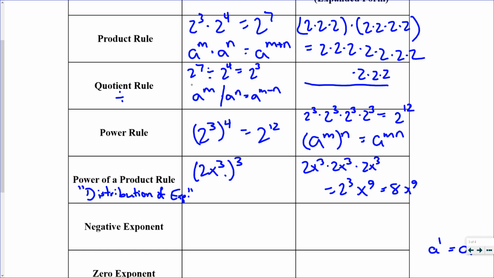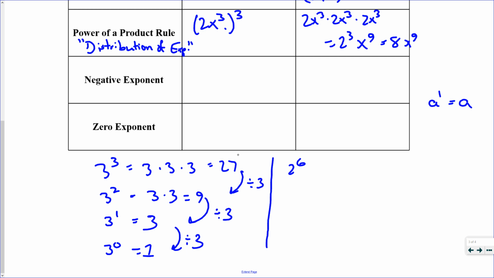So look at the quotient rule here. 2 to the 7th divided by 2 to the 4th is equal to 2 to the 3rd. So could I divide this by something to get to 2 to the 0? What would I have to divide it by? I'd have to divide it by 2 to the 6th, right? Because 2 to the 6 minus 6 is equal to 2 to the 0.